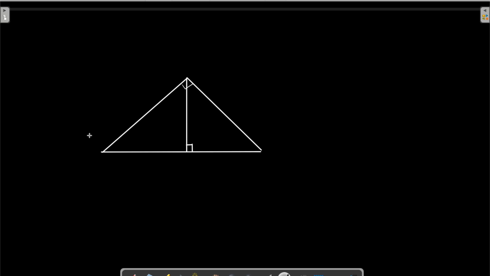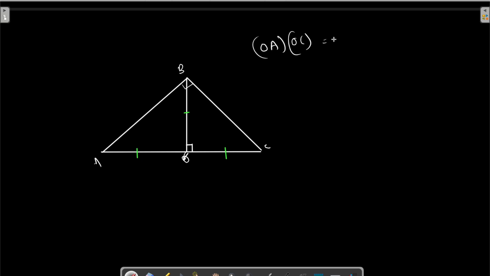Always remember, the product of this length and this length is equal to this length squared. I'll write it again. O A B C. We have OA into OC equal to OB square. How can you prove it? Wait a second, I'll prove it here only.